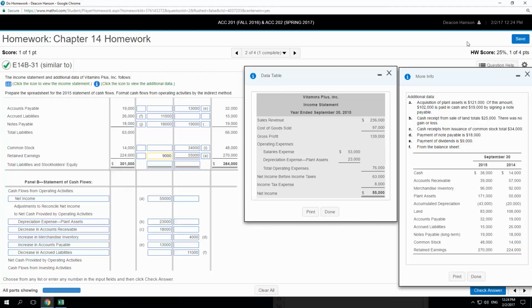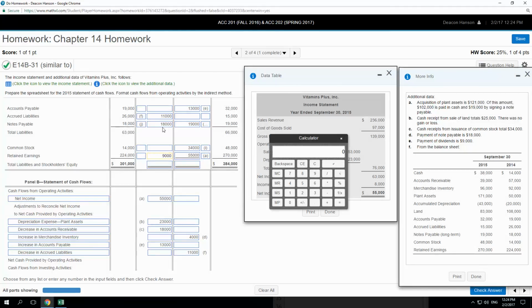And then I would check the math on that one before I go too far. 224,000 is the beginning balance. So 224 minus 9,000, which is the dividend, plus 55,000, which is the net income, should give us 270,000. So that checks out.